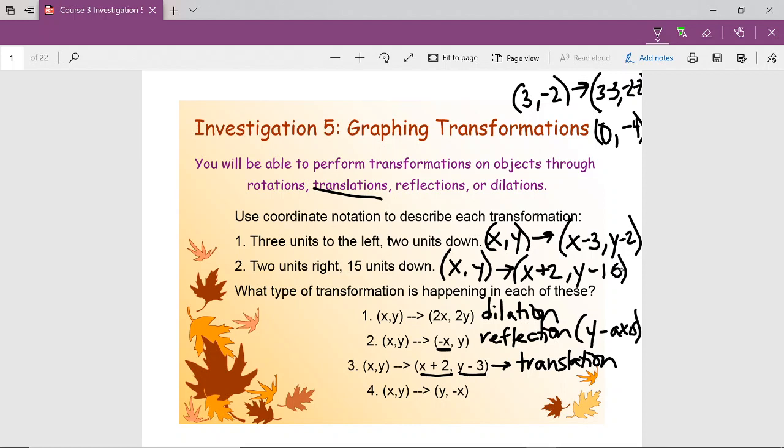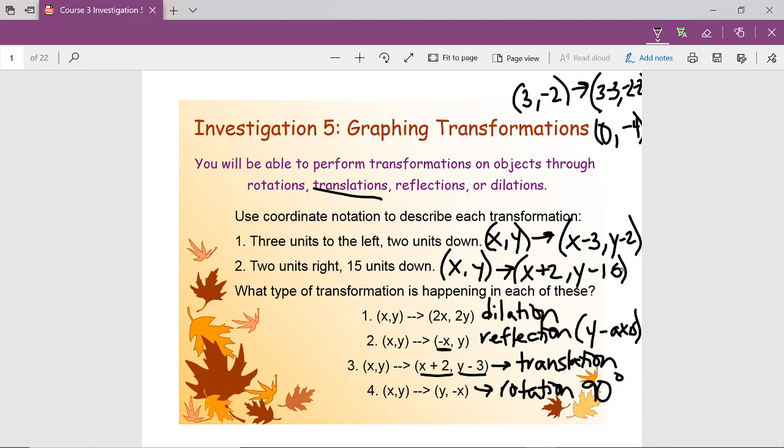All right, last one is number 4. xy goes to y, negative x. When you see those x and y flipped in their places, you can automatically assume that it's a rotation. Which type of rotation is a little bit harder to remember. But how I like to remember it is, if just one of them is negative and they flipped spots, then I would consider that a 90-degree rotation.